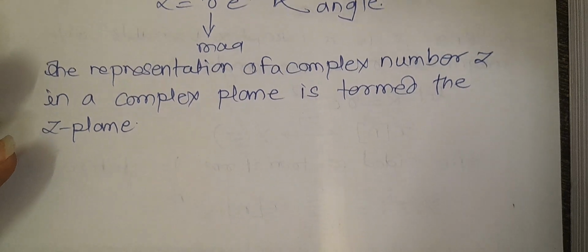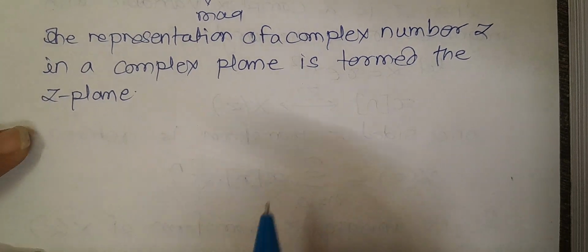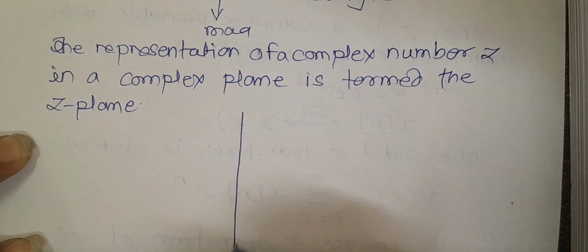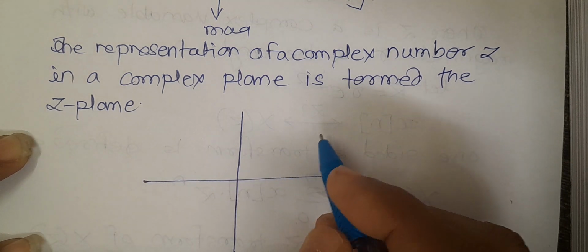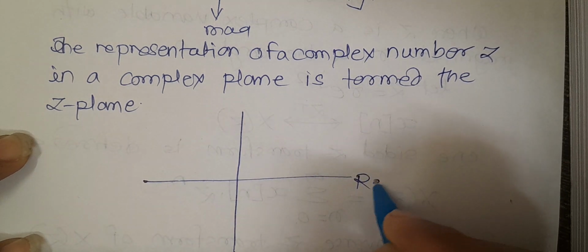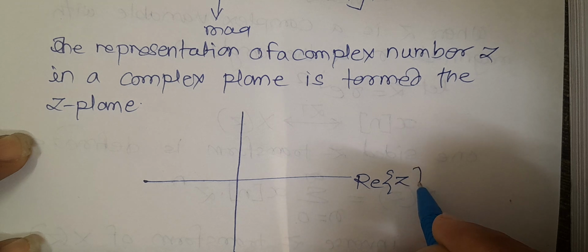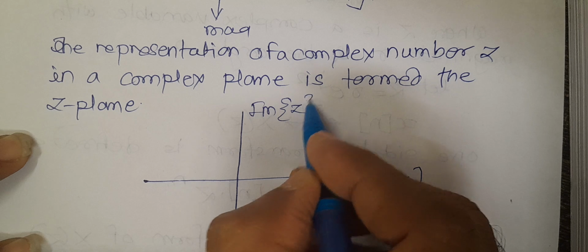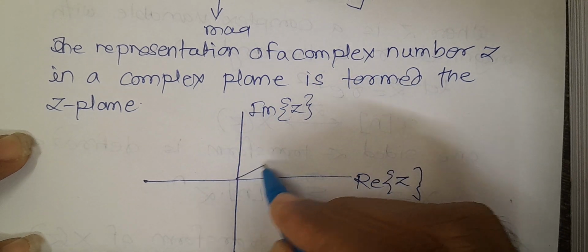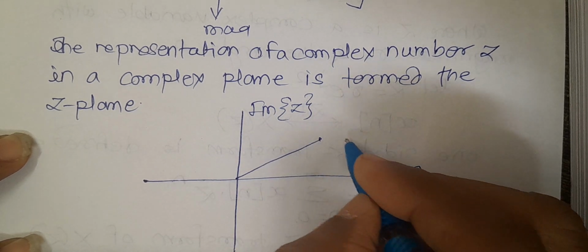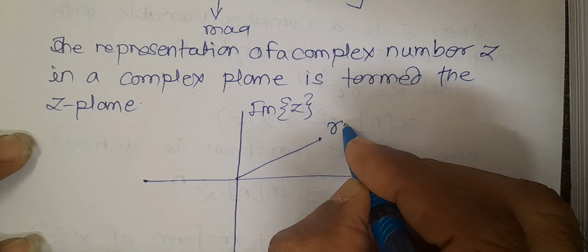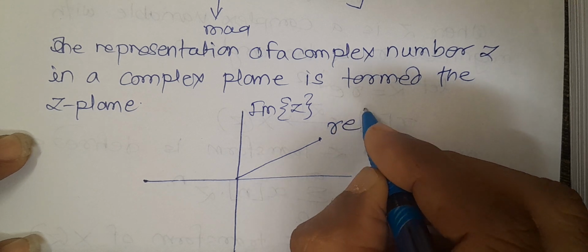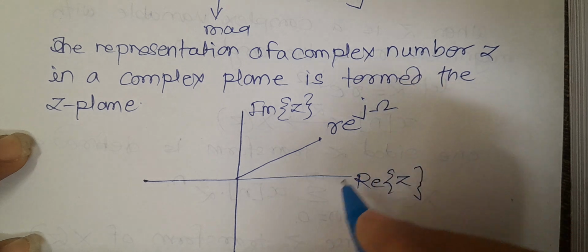It is shown in this diagram like this. This is the real part of z, this is the imaginary part of z, and therefore this is the point r into e raised to power j omega.